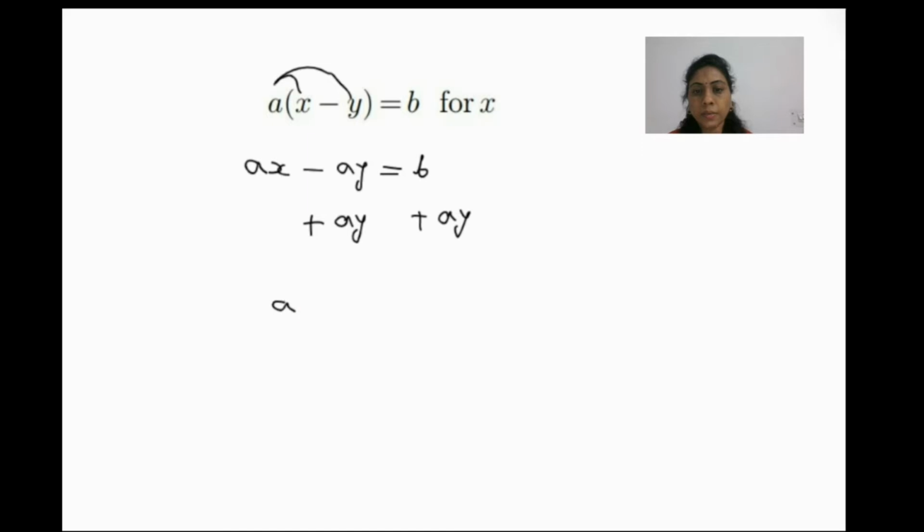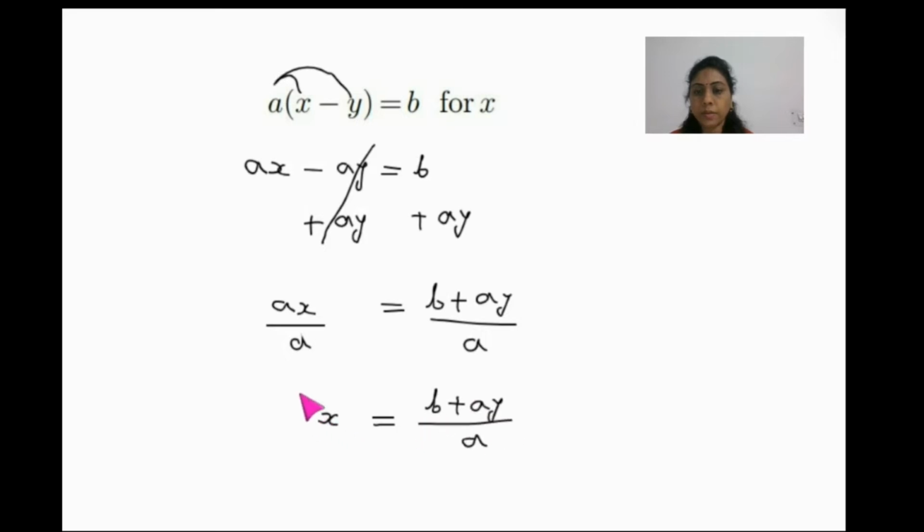So ax = b plus ay. Very simple questions, right? Now divide both sides by a. So x = b plus ay upon a. This is the answer. We solved for x.